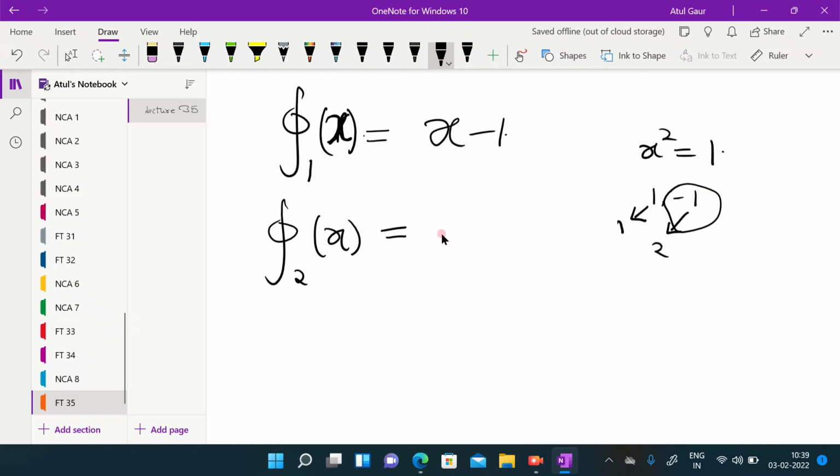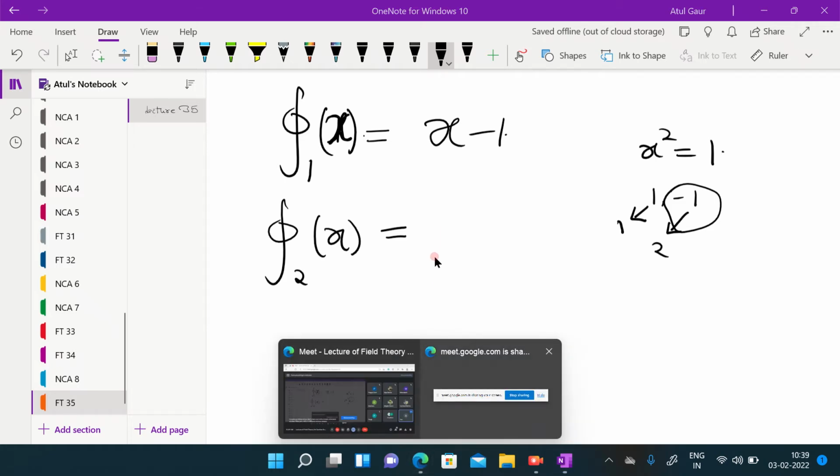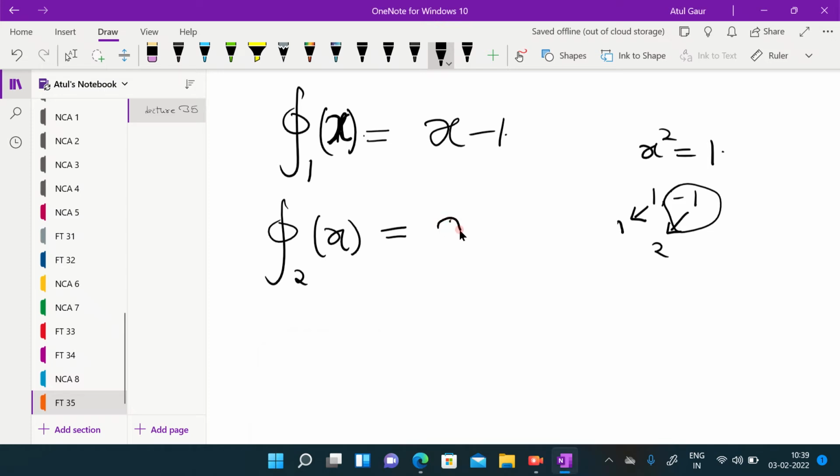Are you getting it? Okay, so accordingly, the second cyclotomic polynomial will be x plus 1. All right.